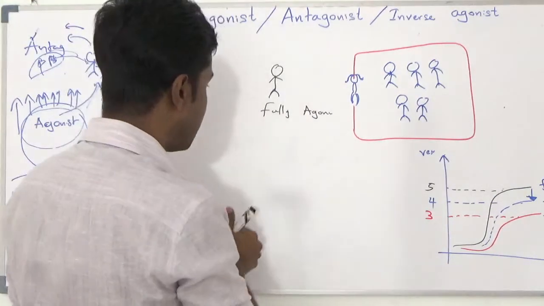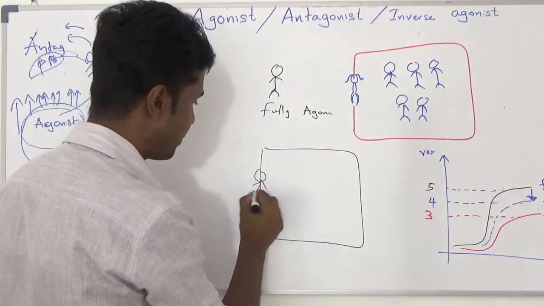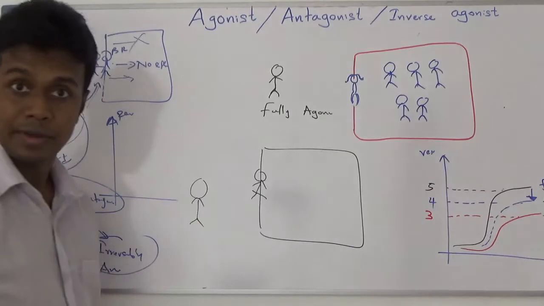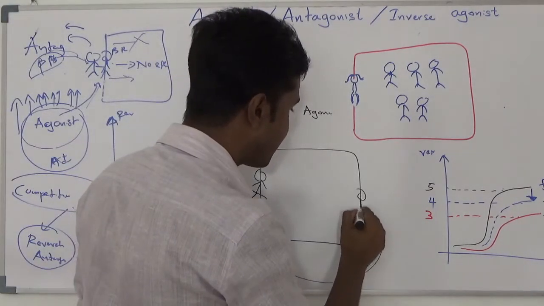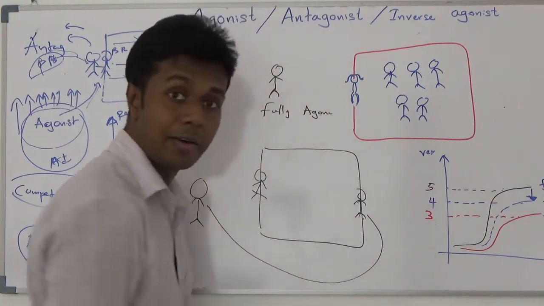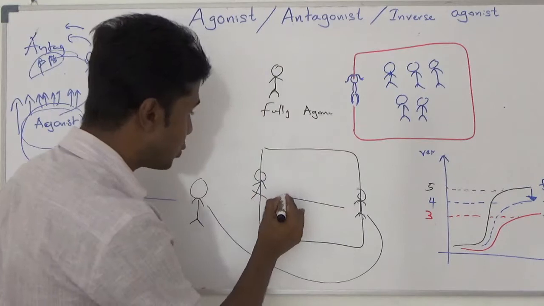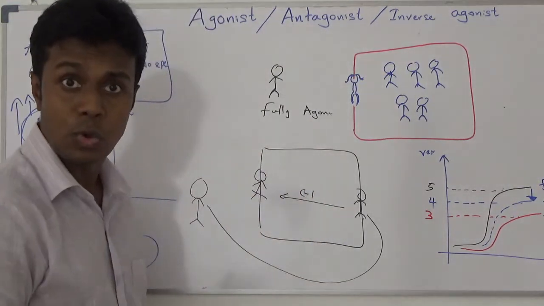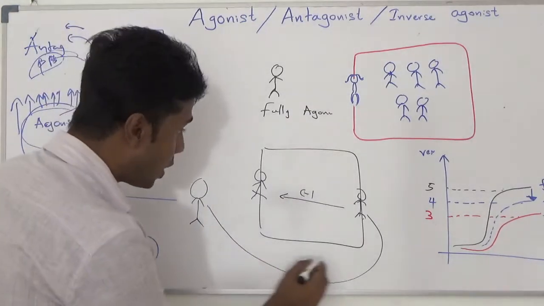Here you are girlfriend and boyfriend. Here you are girlfriend. Here is a guy who is not the boyfriend. This guy goes and binds with your other family members, then sends an impulse: don't marry. You can't marry. They bind to the other side.